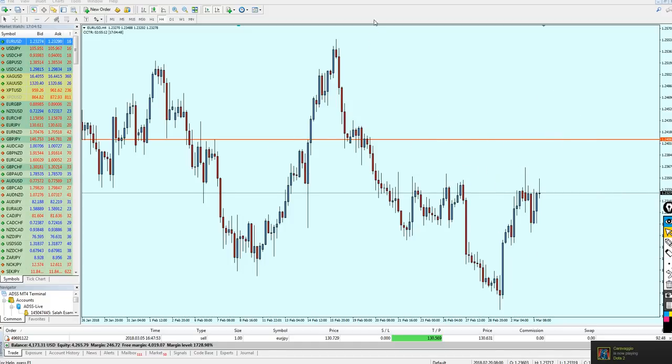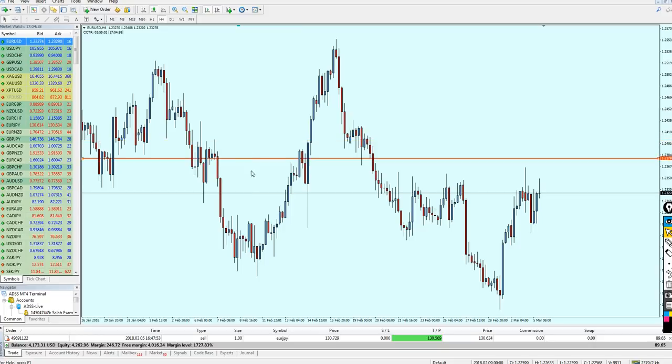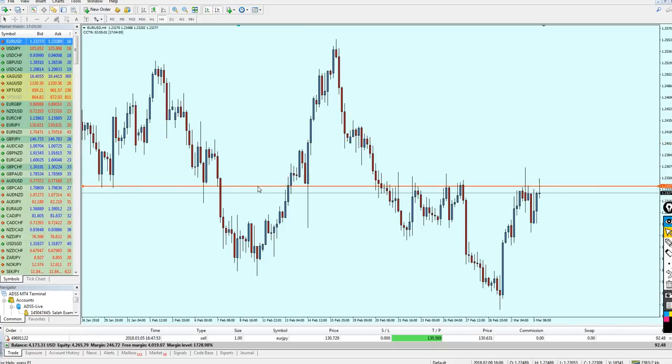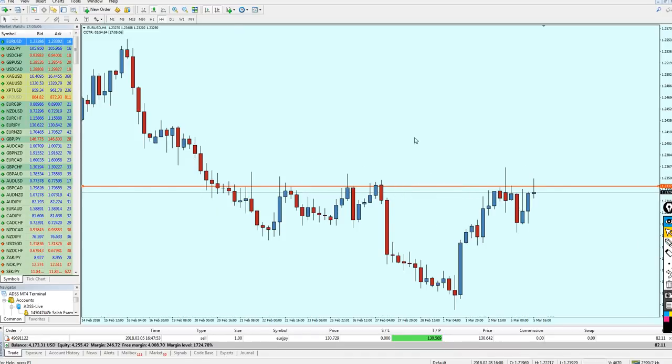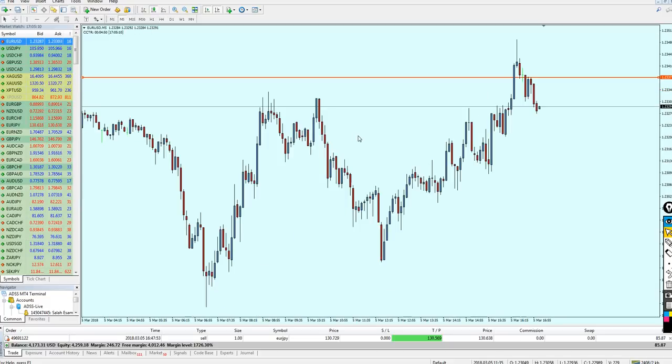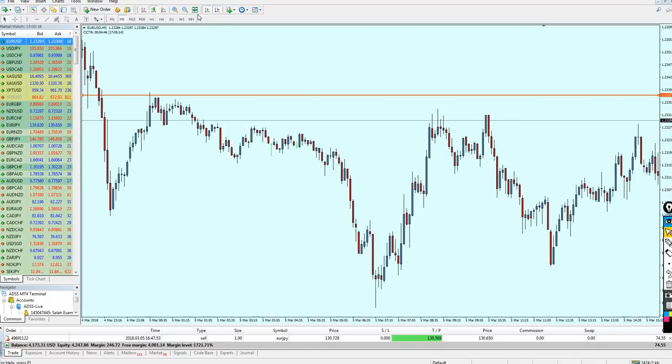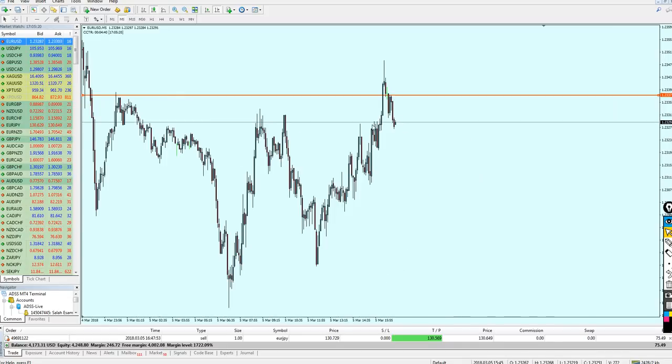Let me go through some examples in the past. We have here a strong resistance level. Sorry, let me zoom in to the 5-minute chart. Let me show you an example of how we were supposed to enter our trade.